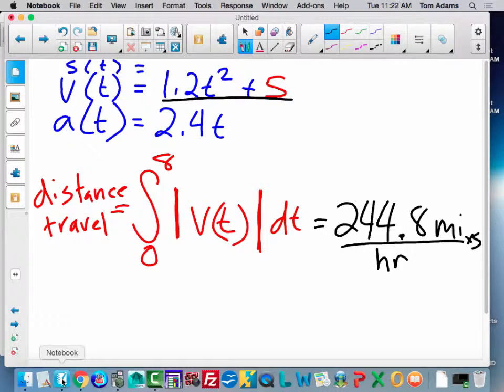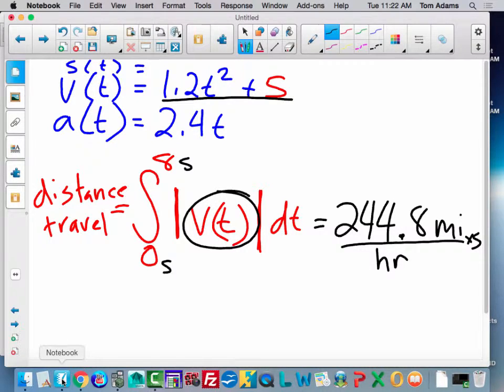So we've done all the math right, and that's the math. But because we're evaluating from 0 seconds to 8 seconds, when we plug that into our antiderivative and evaluate it, we're going to get miles per hour because that's what this function is, and then we have the seconds.